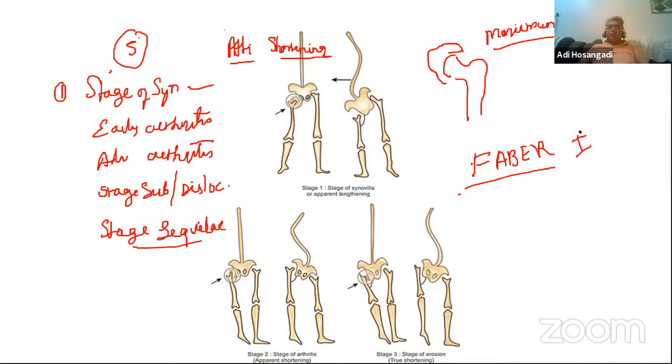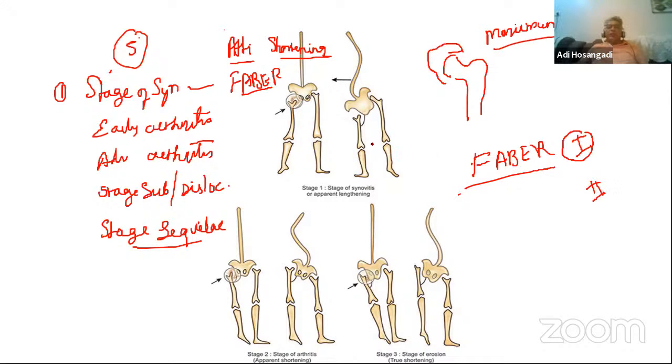So please remember, stage 1 is flexion, abduction, external rotation. This is the attitude. FABER. So what happens in stage 2?